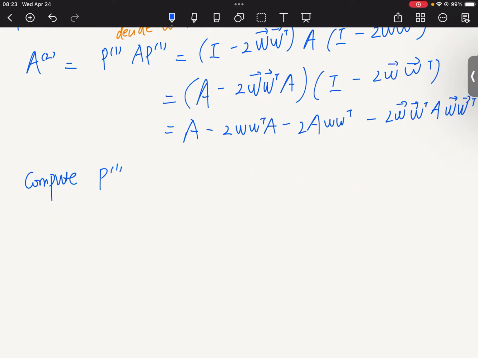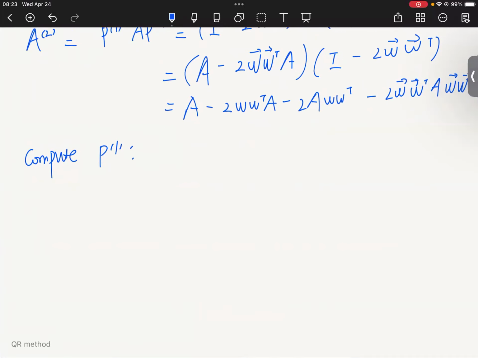Okay, compute the P1 here. We want to get the W. The very first thing we want to do is to get the W, and there's an algorithm here to get all the W values. There's a general rule, but let's calculate the P1 first. So alpha equals the negative sign, and this is an intermediate value. We take the sign of A21, times the summation from j equals 2, of A_j1 squared, to the power 1/2.